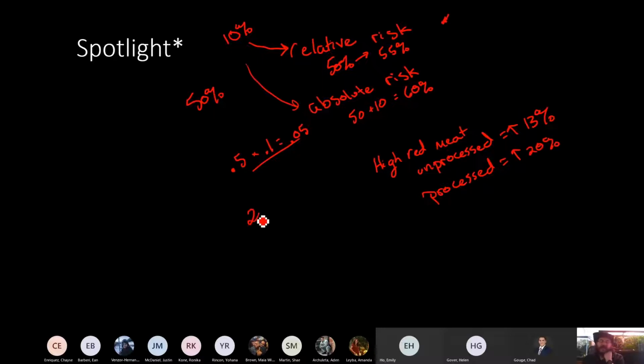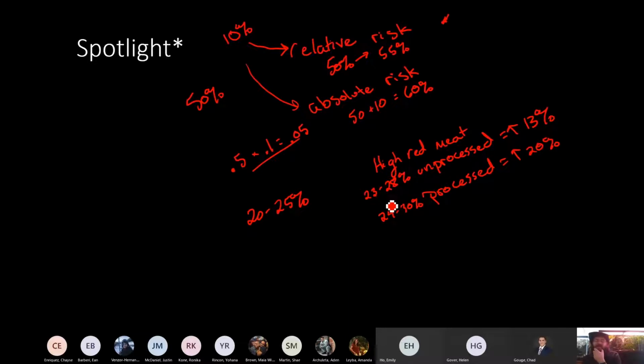So cancer is a 20 to 25% cumulative lifetime risk. So when you adjust with the relative risk increase for unprocessed meat, what that comes out to is a 23 to 28% risk versus a 20 to 25% risk, and a 24 to 30% risk versus a 20 to 25% risk.